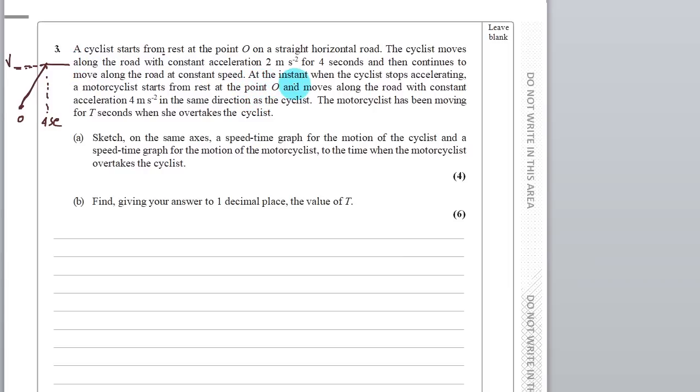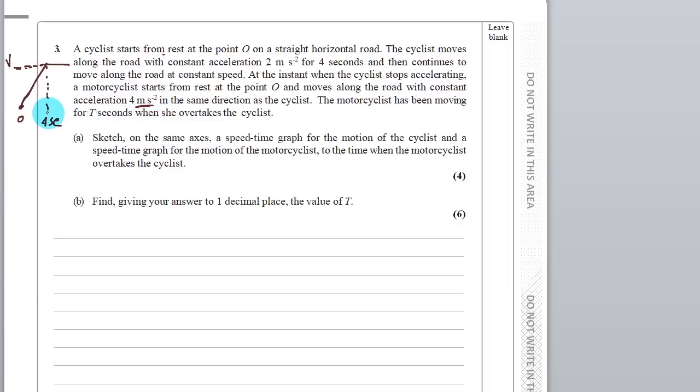At the instant the cyclist stopped accelerating, a motorcyclist starts from rest at the point Q and moves along the road with constant acceleration 4 meters per second squared.